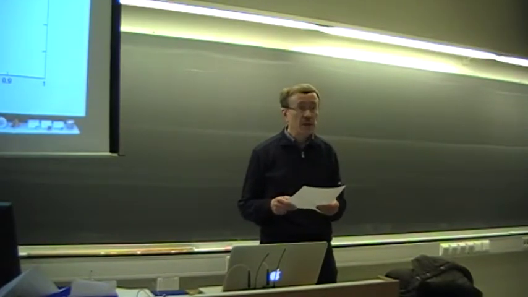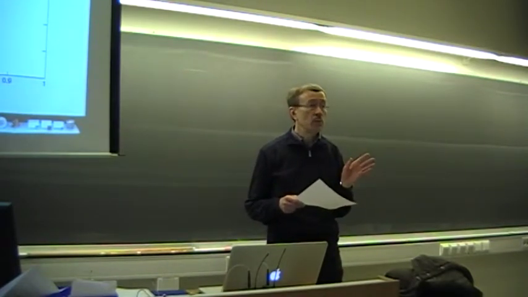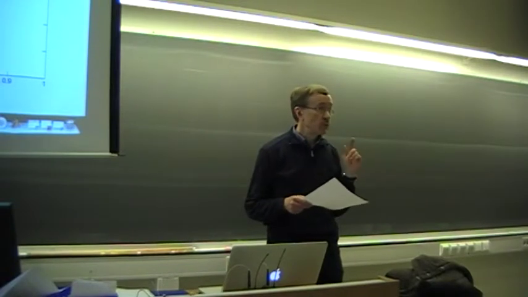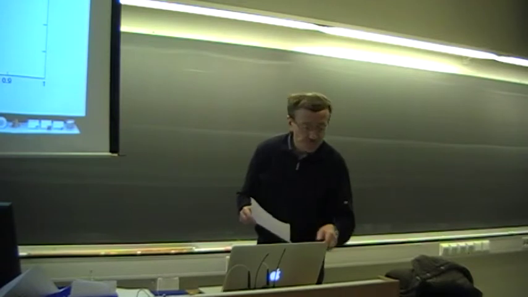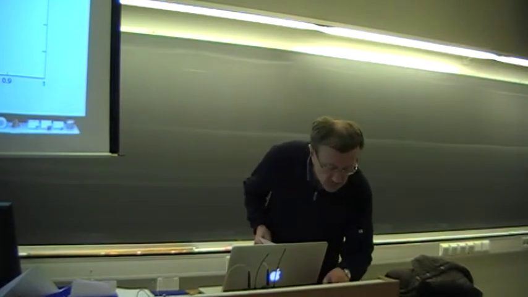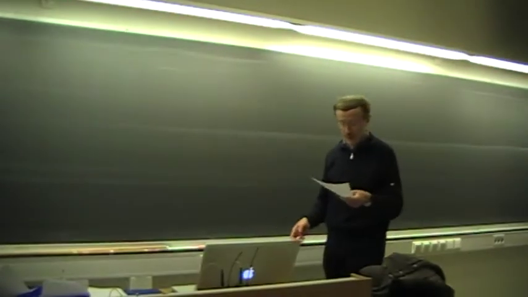But here the problem is f contains the unknown that we don't yet know. So let's look at how we deal with that. And that is very relevant, what we discuss now, also for discretizing partial differential equations.